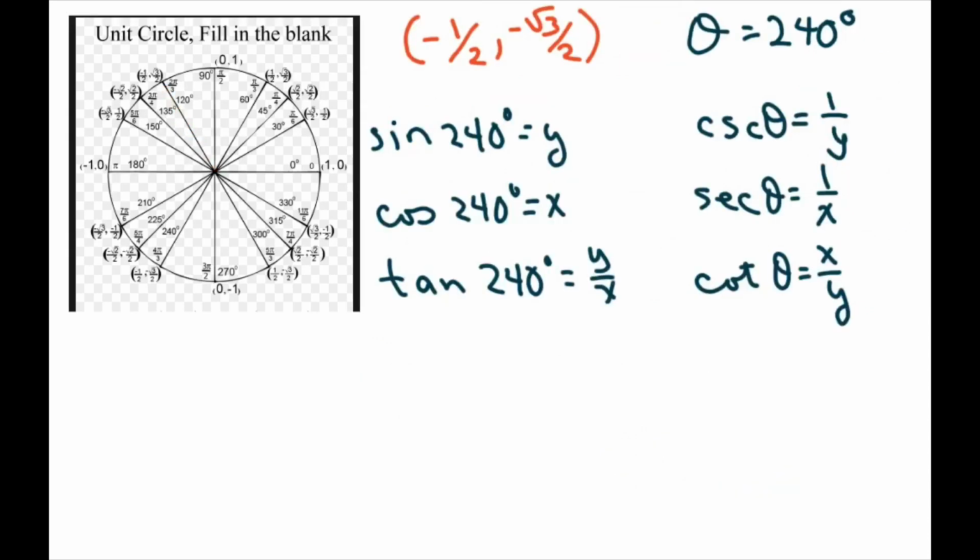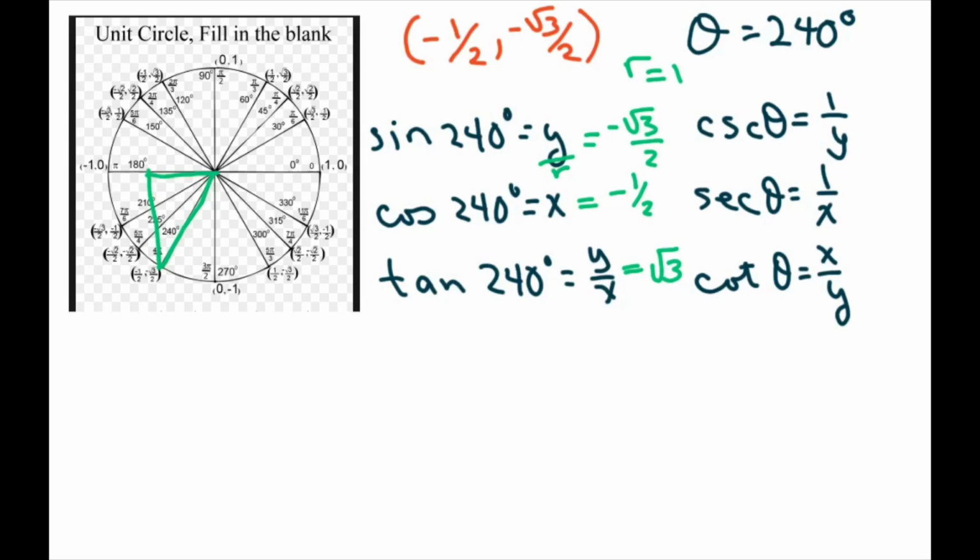Alright, and now we're going to do 240. If you draw it up, you can go up like that. Since r is 1, y divided by r is just y. In this case, it's negative square root of 3 over 2, and x is negative 1/2. When you divide two negatives, you get a positive.